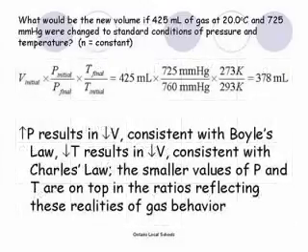Since two of the conditions change, we're going to multiply our initial volume amount by two ratios. The ratio of the pressures and the ratio of the temperatures, arranged so that each of those ratios is less than 1, leading to the end decrease in volume that we would predict.